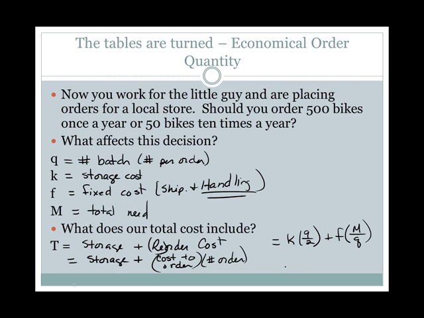When you take the derivative of that, you get the same exact formula, which is the square root of 2FM over K. So I encourage you to play with that to see how those formulas develop, because companies would develop their own models as well.